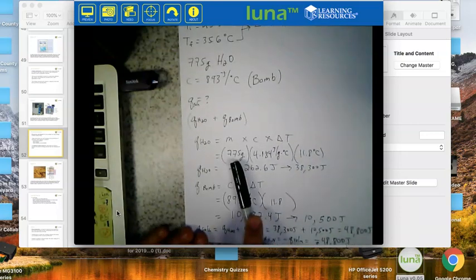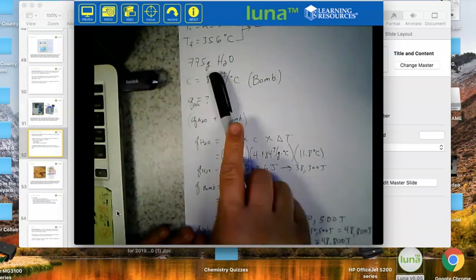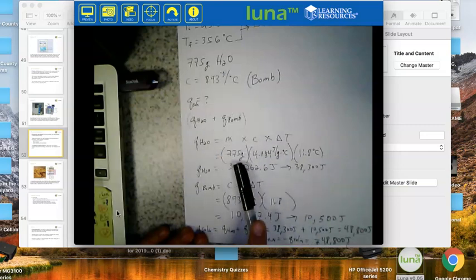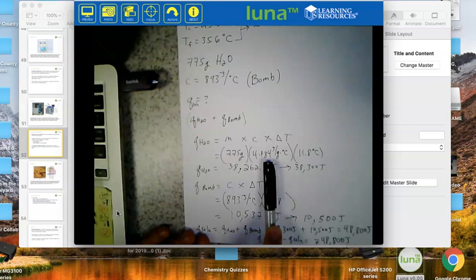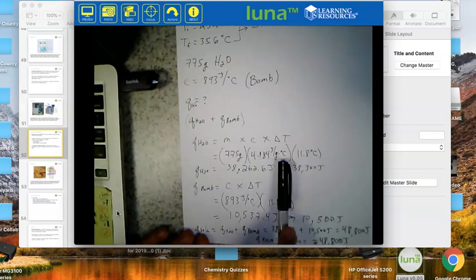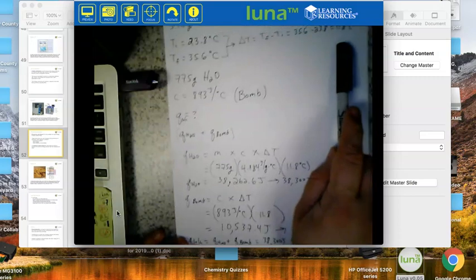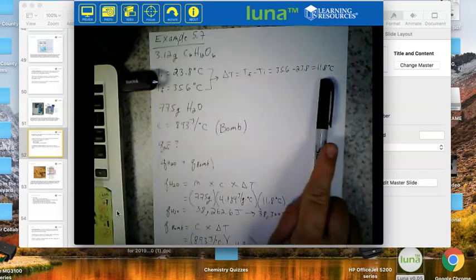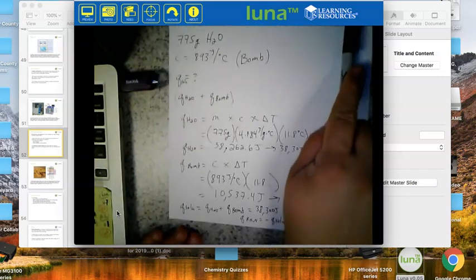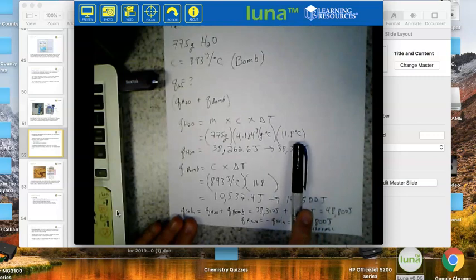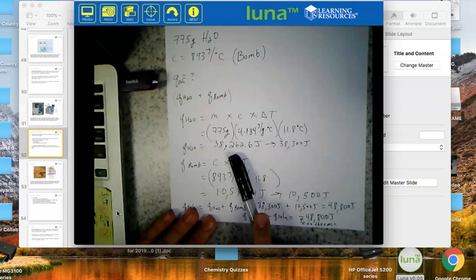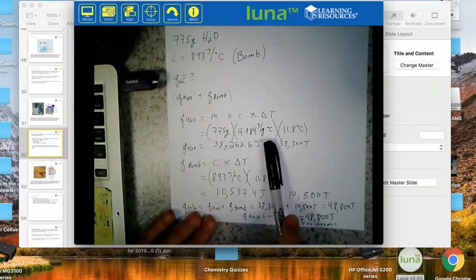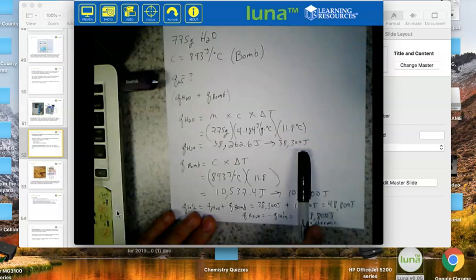So the mass of the water was given to us as 775 grams, times the heat capacity, which is a constant of 4.184 joules per gram per degree Celsius, times the delta T, the change in the temperature, which is 11.8 degrees Celsius. When you do the calculation, you get 38,262.6 joules, which if we round it to 3 sig figs, is 38,300 joules.